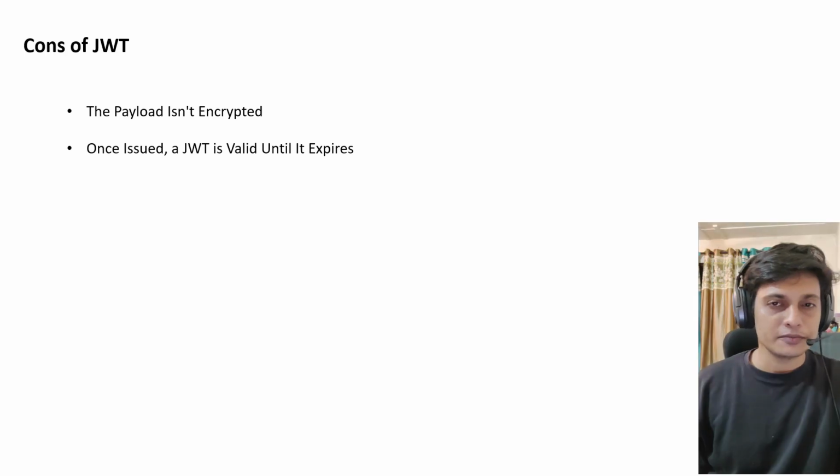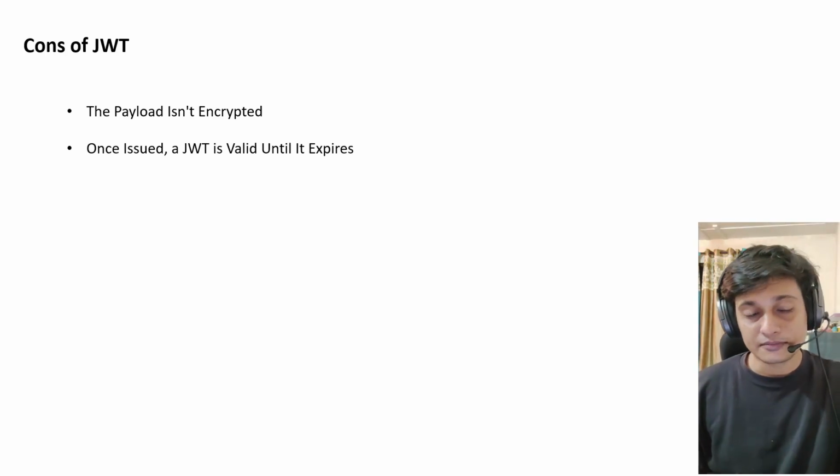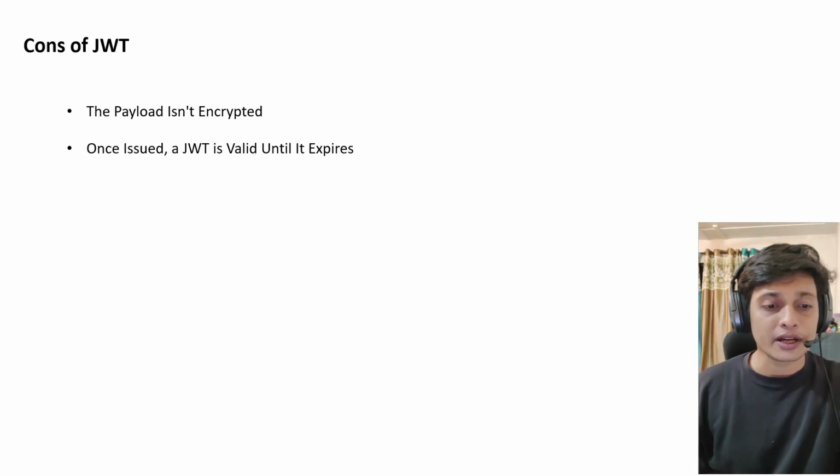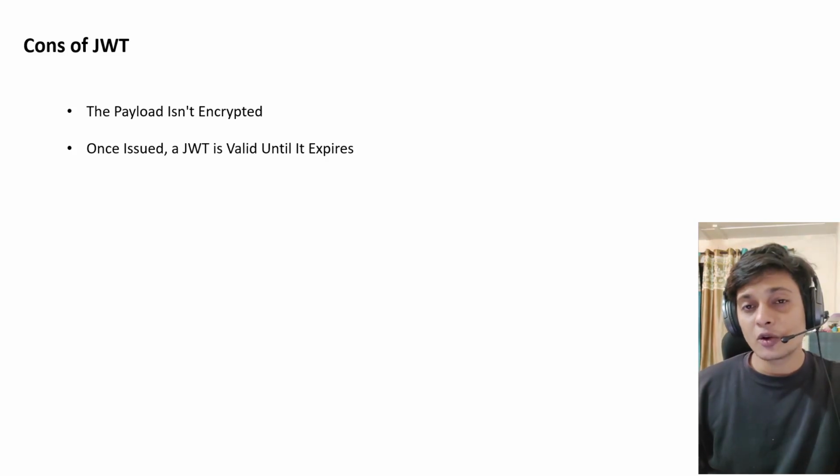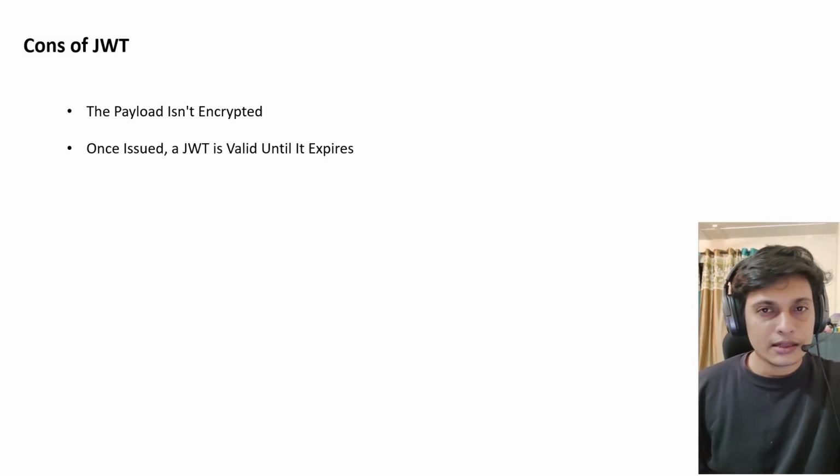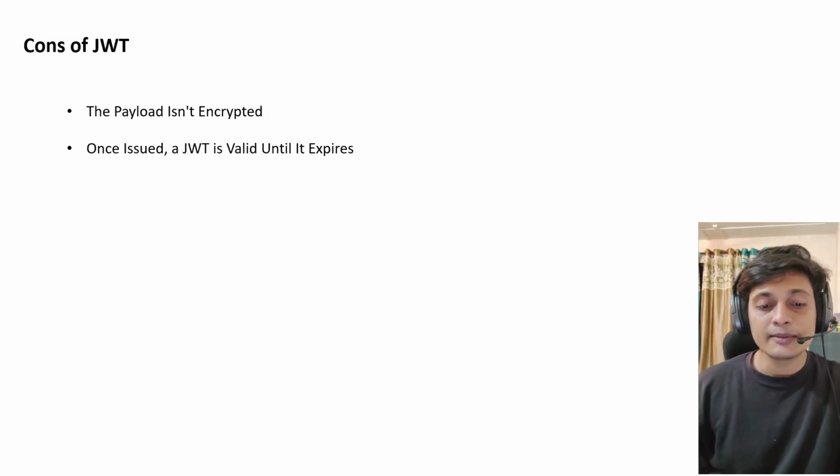But there are some cons too. And what are the cons? The payload isn't encrypted. It means whatever token was created, or the token we got from the application server, we can even decode it manually. And second, once issued, a JWT is valid until it expires. It means, let's say you have set the lifetime of a token to 30 minutes, but the user's action is completed in 10 to 15 minutes, then the user logs out.